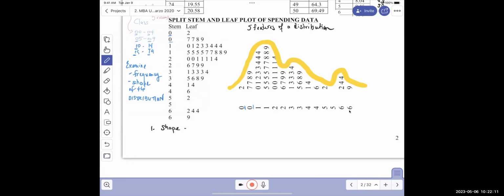In terms of shape, there are 2 general options, or I guess there are 3. This shape is symmetric. Symmetry implies that most of the observations are centered around a particular value.